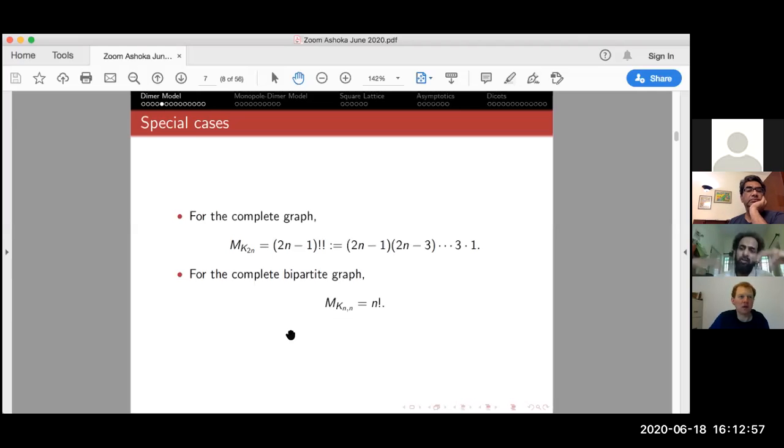Now what remains is a complete graph on 2n minus 2 vertices, and then you repeat. So you will get (2n minus 1) times (2n minus 3), etc., and this double factorial is the shorthand for that. Similarly, for the complete bipartite graph, it's easy to see again that it's n factorial. I'll maybe not go through this in detail, but these are some simple graphs that you can get an exact formula for.